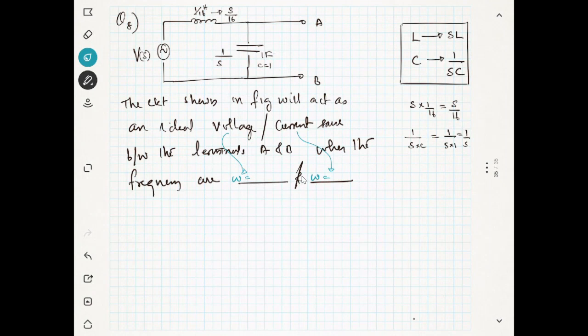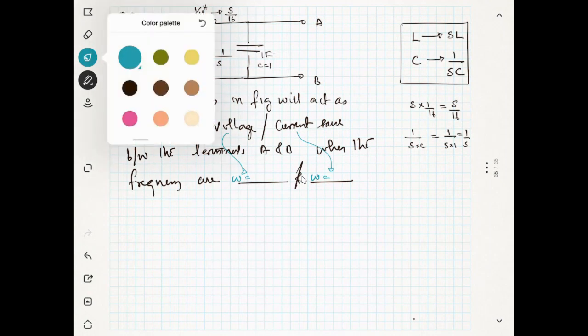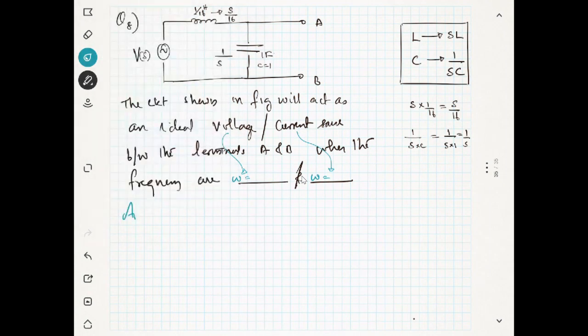So at some frequency, this circuit will act like a current source or a voltage source, which is ideal. Ideal means there is no source resistance.